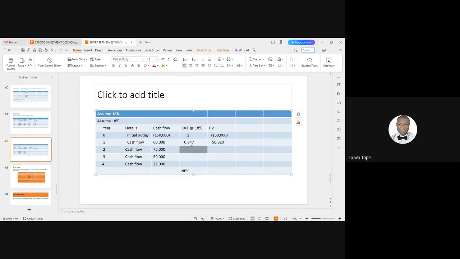So for year 2, the discount factor at 18% will be 0.718. Multiply by 75,000, we have 53,850. Then for year 3, the discount factor will be 0.609.